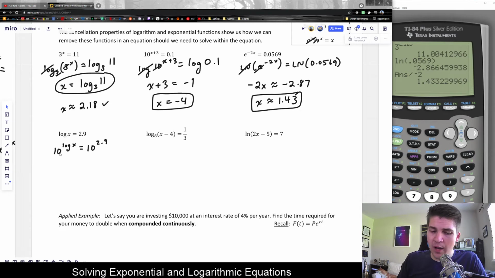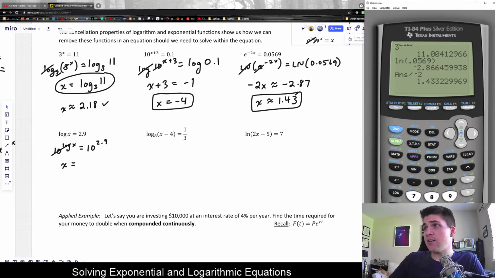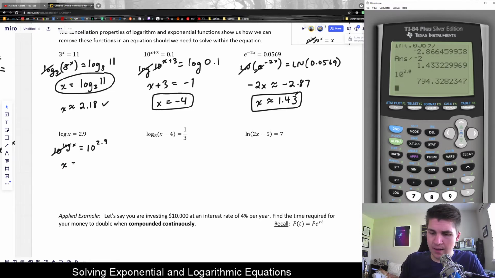The reason I'd want to exponentiate both sides is because exponential and logarithm functions are inverses. They will cancel themselves out when composed together, and that will leave me with just x. And so x will be equal to 10 to the 2.9 power, which I could leave as is for an exact value, or I could approximate with the calculator. 10 to the 2.9 is approximately equal to 794.